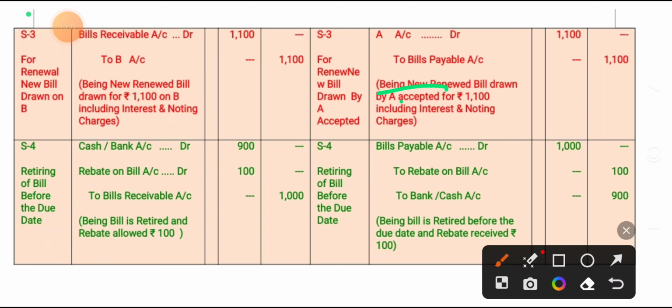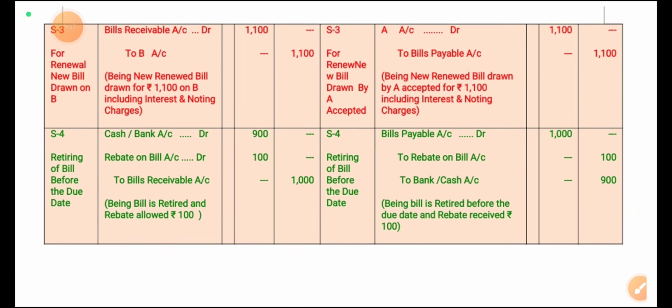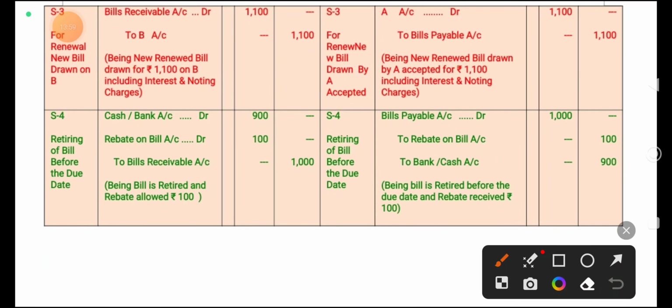Being new bill drawn, narration, some people ask: new bill drawn, new renewable bill drawn by A, accepted for rupees 1100, including interest and noting charges. Suppose interest is paid immediately in cash, then that interest amount will not be included in this bill amount. Next situation, the last situation, situation 4.